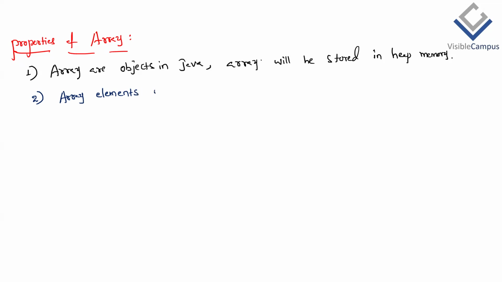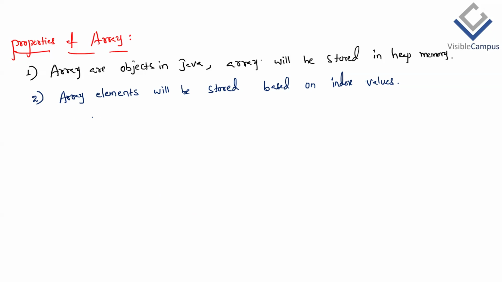Array elements will be stored based on indexing, based on index or position values. What's the meaning of this?